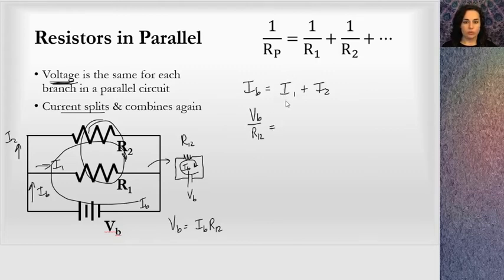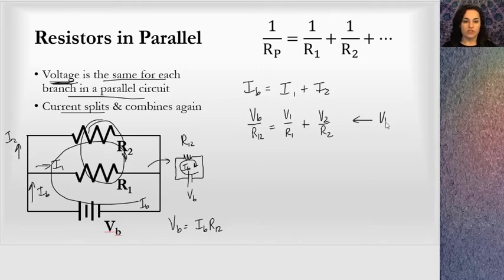I'm going to do the same thing for each of these. I1 is going to be V1 over R1, and I2 is going to be V2 over R2. Let's use what we know is the same for all of them: voltage is the same for each parallel branch. I only have these resistors in parallel, and there's no other complex things going on.